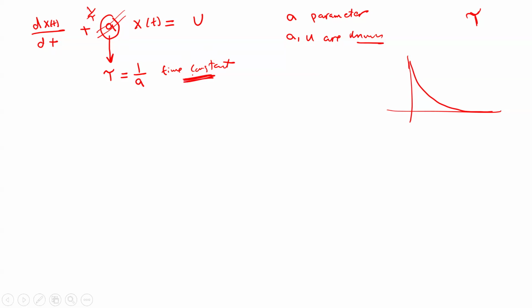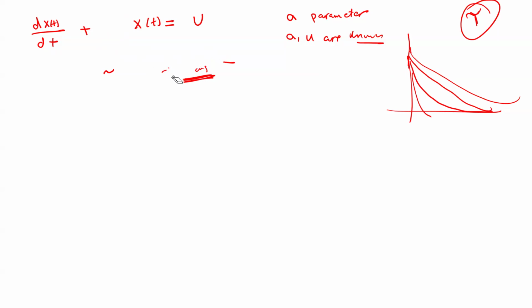This tau can control how fast this can happen, so you can see how fast this one can go using tau. Anyway, this is not going to change the situation. Here I can use A, that's okay, or I can use 1 over tau.